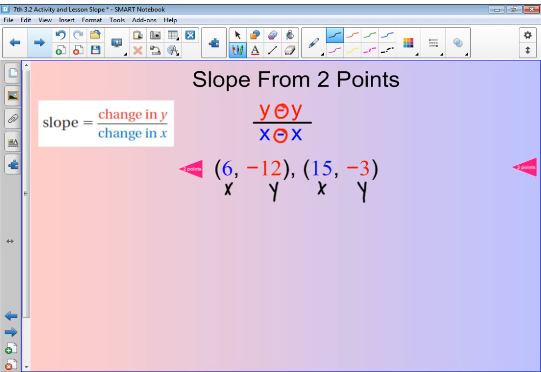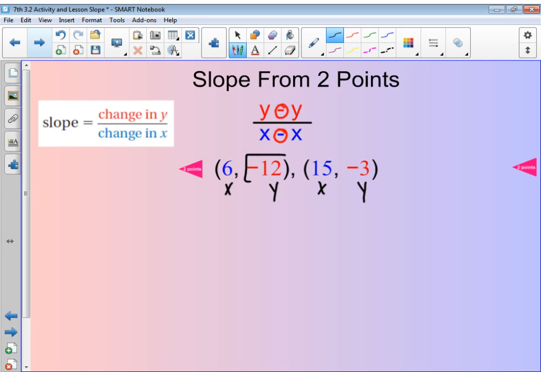I've color coded these, but if you are working out of a book or a worksheet, or taking this on STAR Assessment or IO Assessment, they're not going to be color coded. I start out that way just to get your eyes focused on what needs to go where, and then eventually we'll go away from having the colors in there. So our x's are that first number in each set, and our y's are our second number. So we're just going to plug in our information.